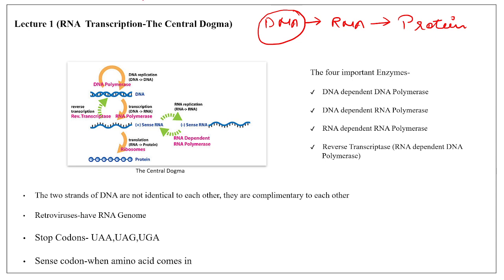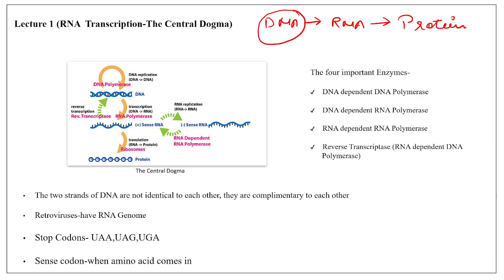Now, if we see the enzymes involved in this central dogma, essentially there are four important enzymes involved in making this central dogma of life. The first enzyme is DNA dependent DNA polymerase. DNA polymerase means it is polymerizing DNA, and it is dependent on the DNA template.